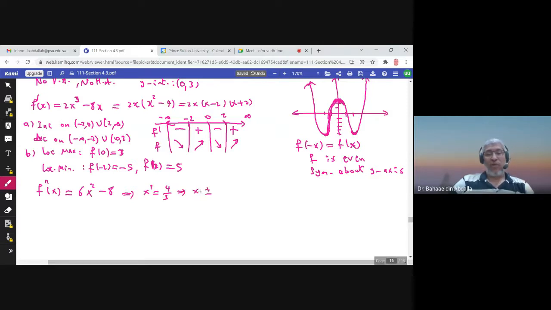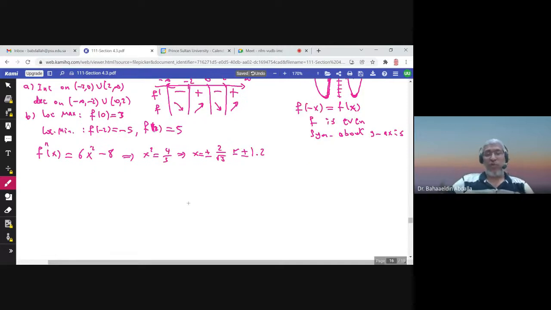So x would be plus or minus 2 over square root of 3. And 2 over square root of 3 is approximately 1.2. So plus or minus 1.2 would be the zeros of f double prime.